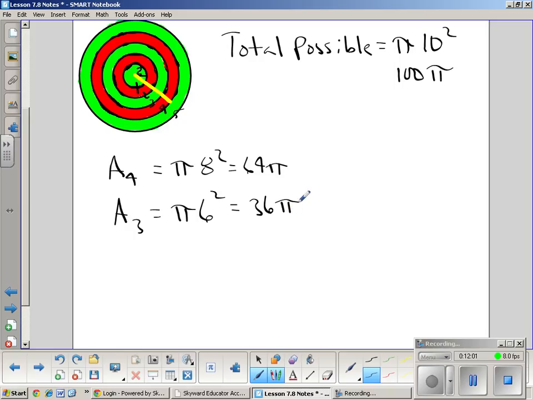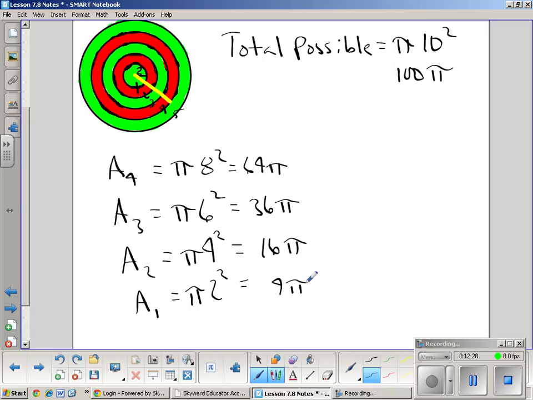Area of circle 2 is pi times 4 squared, equals 16 pi. And the area of the innermost circle is pi times 2 squared, which is 4 pi.